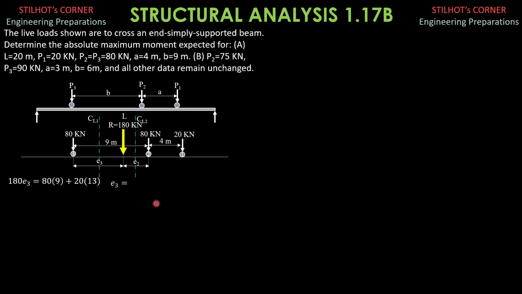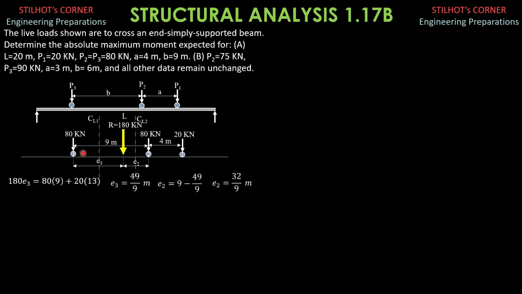So E3 is equal to 49 over 9 meters. That means E2 is 9 minus 49 over 9, so E2 is 32 over 9.